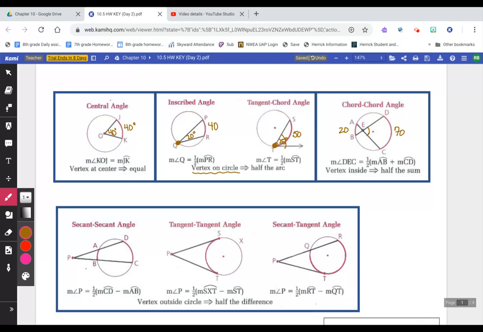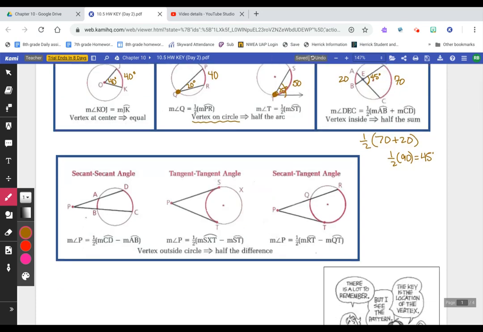All right, the measurement of that angle, you would add 70 and 20. So it's the sum and then half of that. So you multiply by half. So you would end up with 1/2 of 90, which makes it 45 degrees. So this would be 45 degrees.